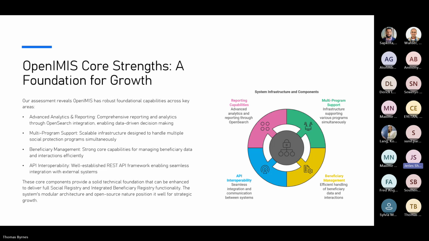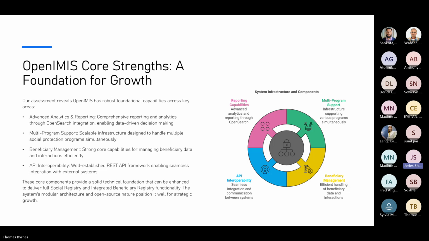It has the social protection element and the health insurance element, so the infrastructure is there to expand for more programs. The third is beneficiary management, which is also strong within openIMIS as a component, and the fourth is the existence of a strong API and REST foundation to build APIs within openIMIS. All four components can be used as a building block, as a cornerstone for future development within openIMIS to become an IBR and a social registry.